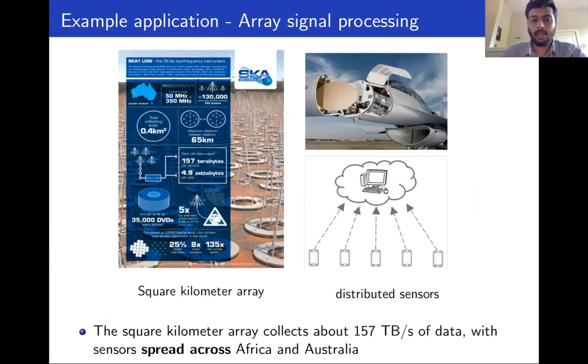This antenna array has antenna elements spread across 2 continents, Africa and Australia, and all of them are collecting a lot of data to generate high resolution astronomical images. The data rate is expected to go up to 157 terabytes per second. And this rate is actually 4,000 times the rate at which data is uploaded to YouTube. So you can imagine the scale of the data that's coming in.